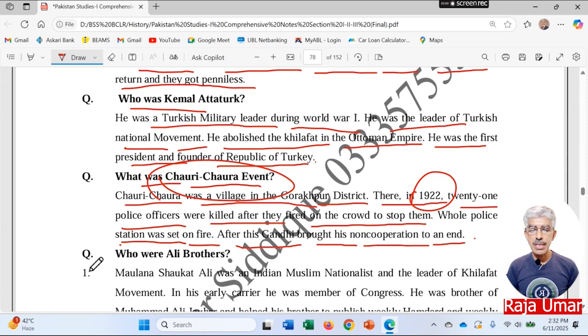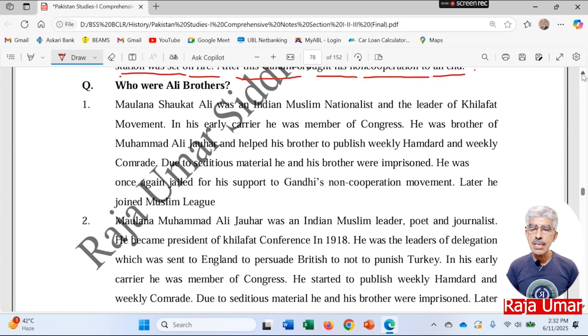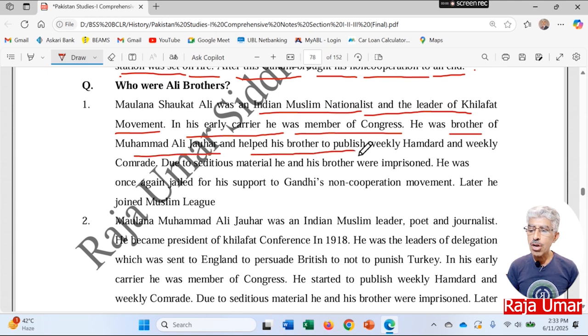Who were the Ali brothers? Maulana Shaukat Ali was an Indian Muslim nationalist and the leader of the Khilafat movement. In his early career, he was a member of Congress. He was the brother of Muhammad Ali Johar, and helped his brother to publish the weekly Hamdard and the weekly Comrade.